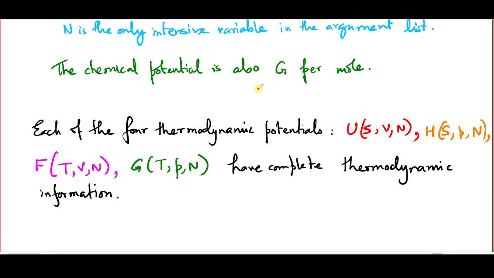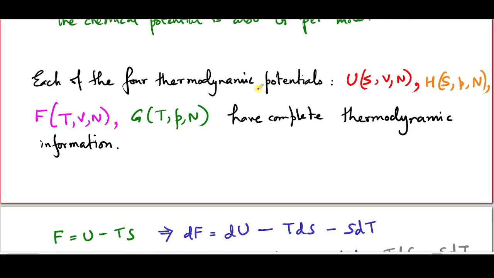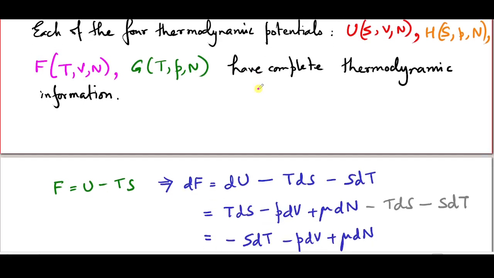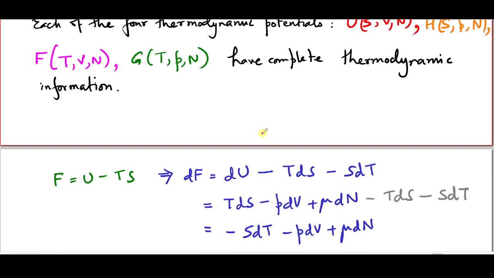Now, with F, you start from its definition that F is U minus TS, and this immediately tells us that the differential of F is dU minus TdS minus SdT. Now, if we replace dU by the expression TdS minus PdV plus mu dn and subtract from it TdS and SdT, it's easy to see that the two TdS's cancel out and you are left with minus SdT minus PdV plus mu dn.